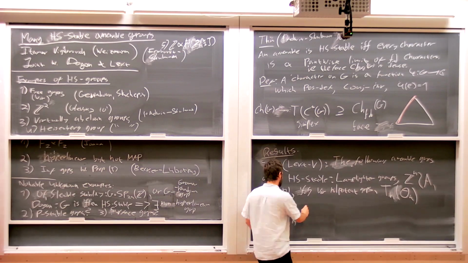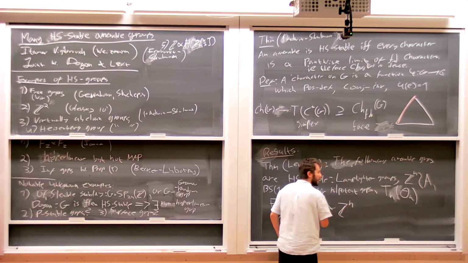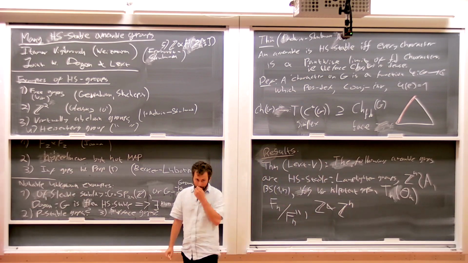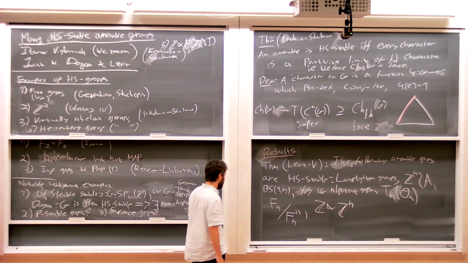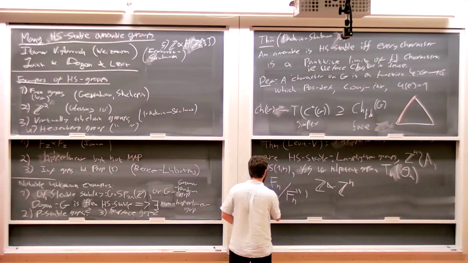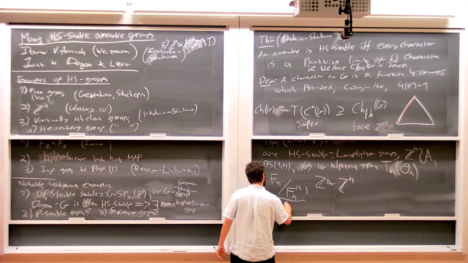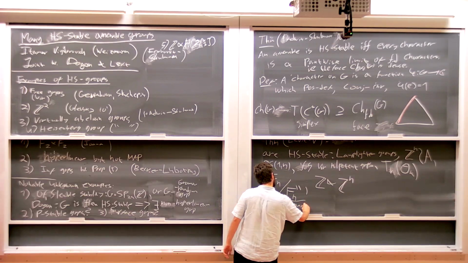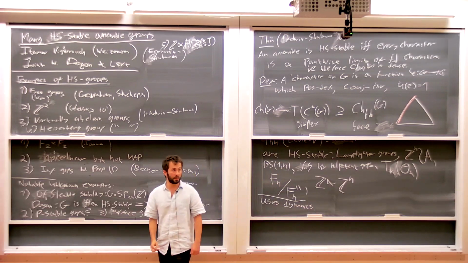And maybe another one is any group of this form will be Hilbert-Schmidt stable. And this uses dynamics, and I will explain later about it.